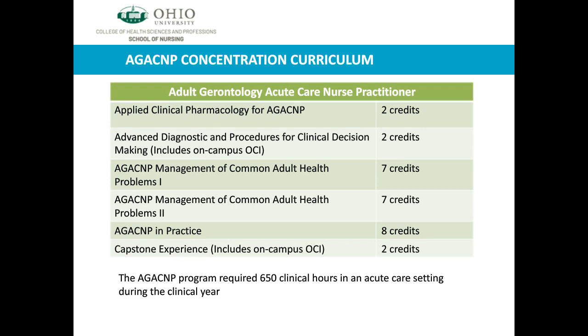And then the AGA-CMP in practice is, again, kind of putting it all together. Again, this is a supervised, precepted clinical with a preceptor as well as a clinical supervisor. And you are completing the polish on your practice as a novice AGA-CMP. So the focus in that course is really about those things that are absolutely critical to being an APRN.